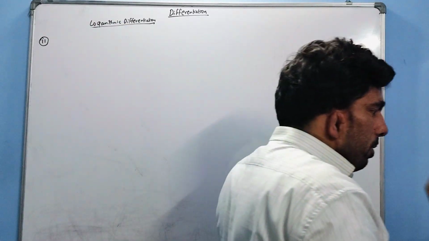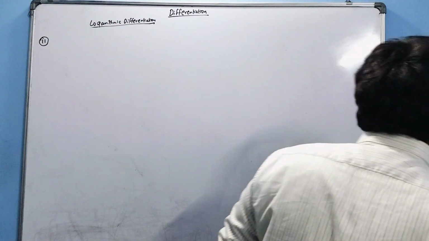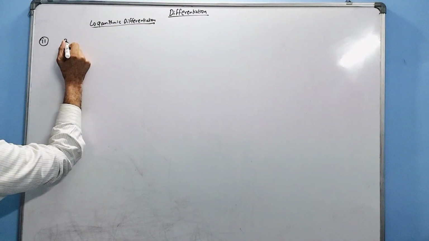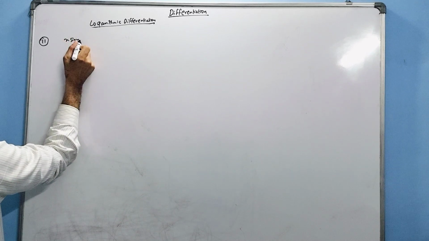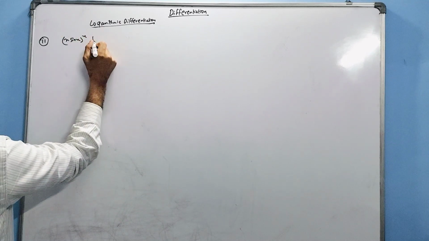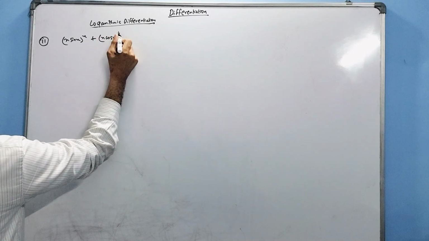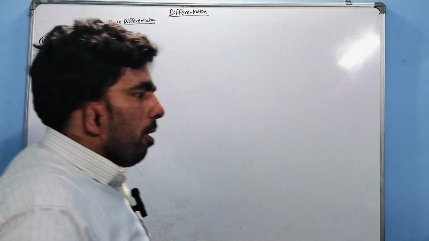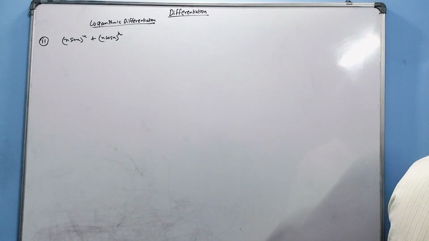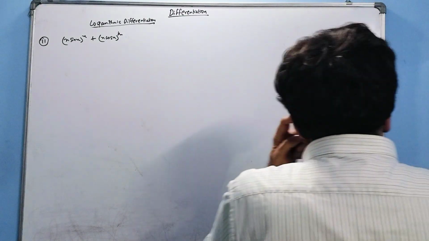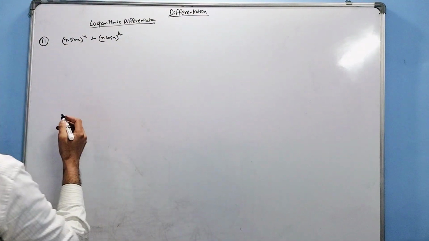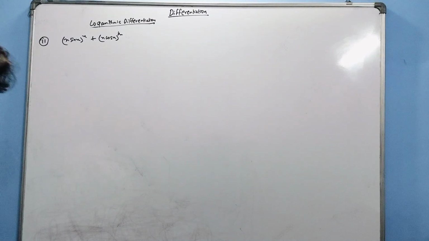We have (x sin x)^x + (x cos x)^(1/x). Okay, we have this question. x is for x cos x, and x sin x is for 1 upon x. So how will we try to solve? Let us see.